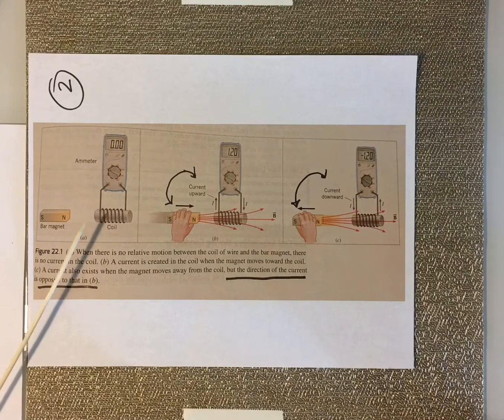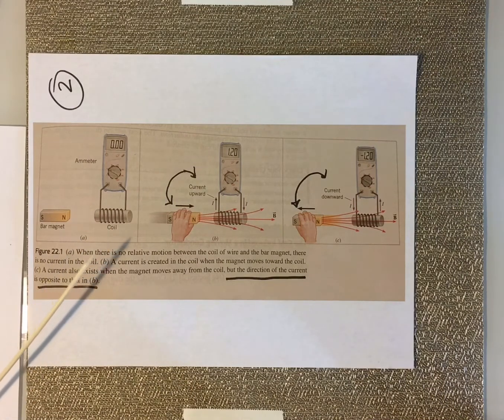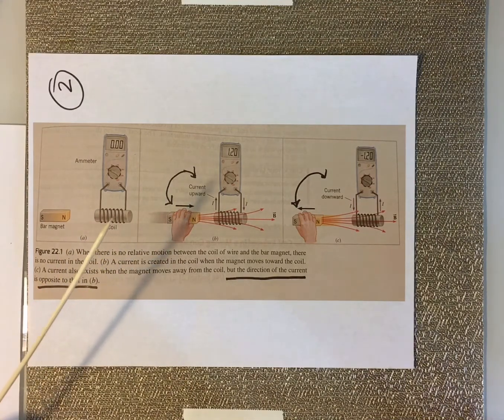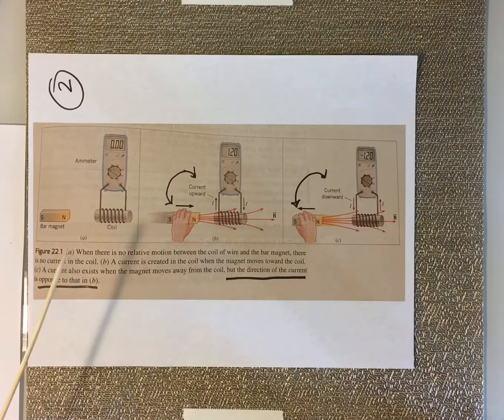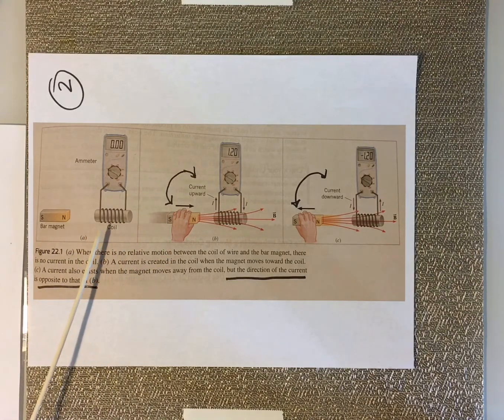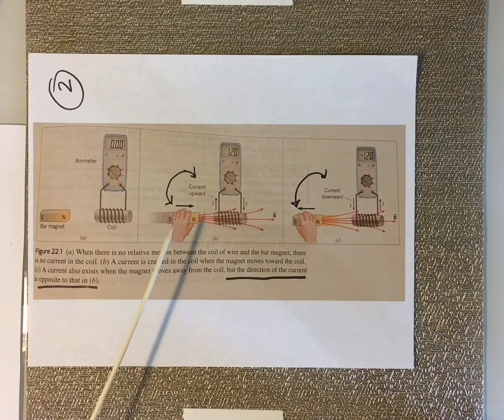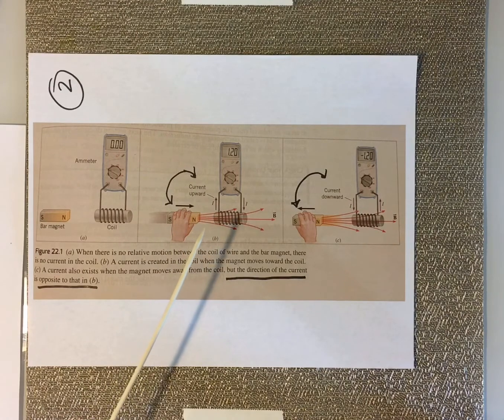Now look at this figure A. We have an arrangement of a coil here, and we have a magnet, north pole, south pole. The coil is connected to a meter to read the current. Now slowly we move the magnet towards the coil. Then you will see current being generated as the magnetic field moves, the red lines.